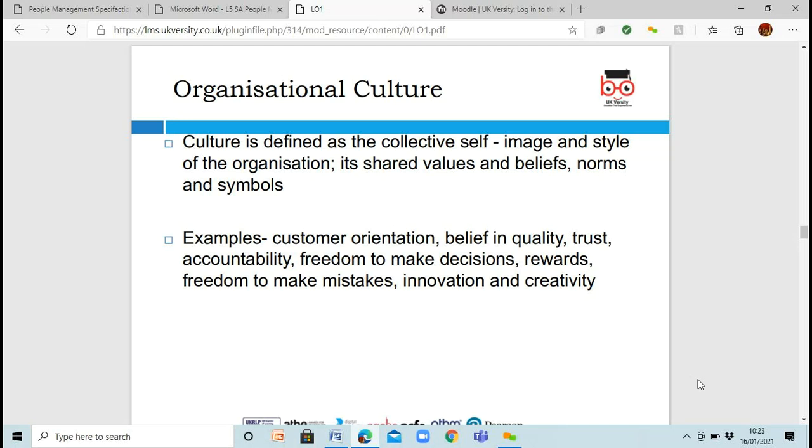It has freedom to make decisions, to have rewards, and also freedom to make mistakes. So this is all part of the organizational culture. And also within this, you can have innovation and creativity. So there are good things and not so good things about it.